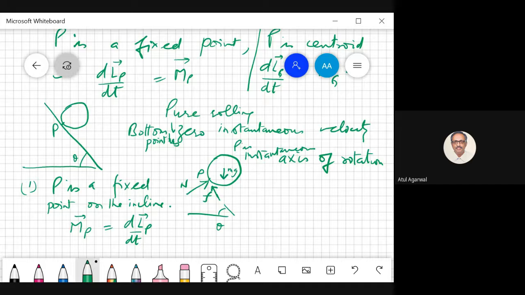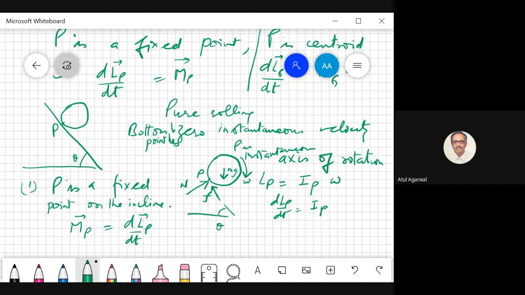So what is the angular momentum about point P? Moment of inertia about P multiplied by the angular velocity. As it rolls down, it will have an angular velocity omega. So that is your Lp. What is your dLp by dt?